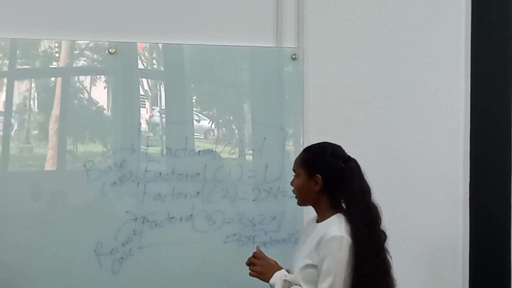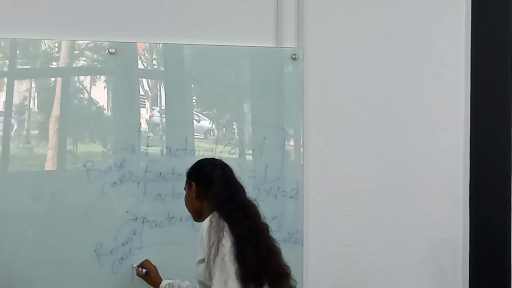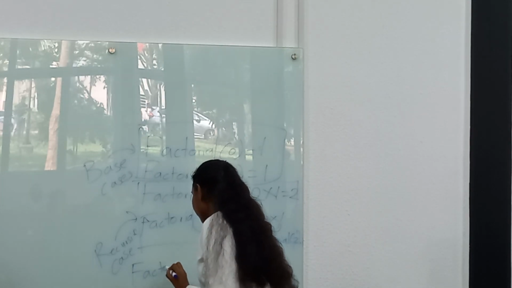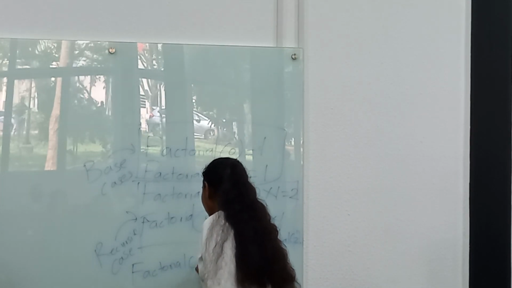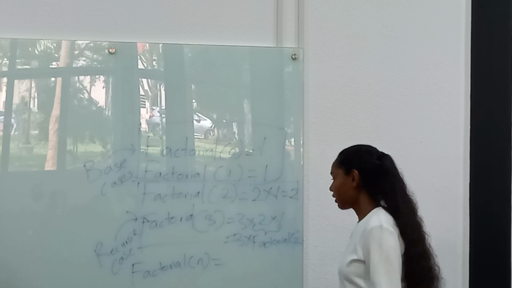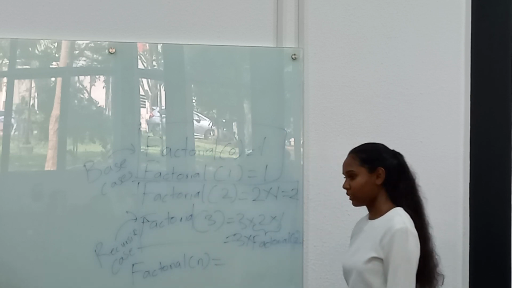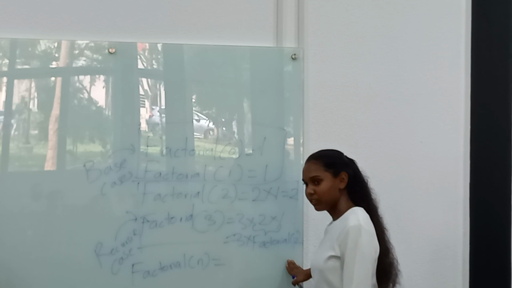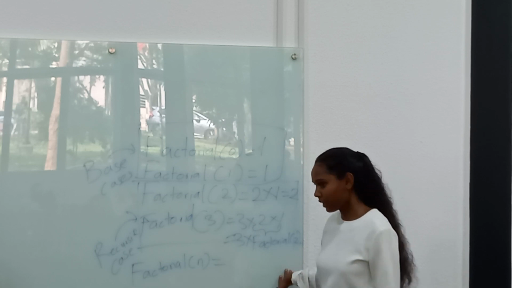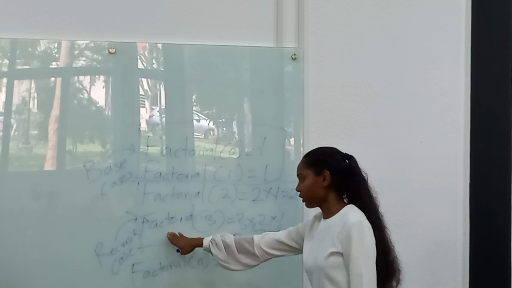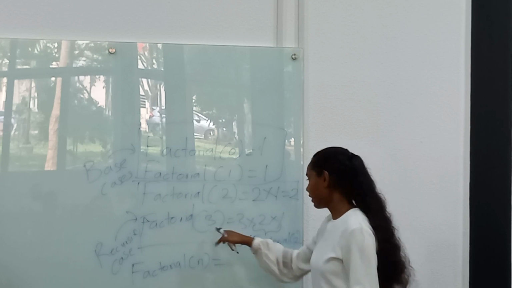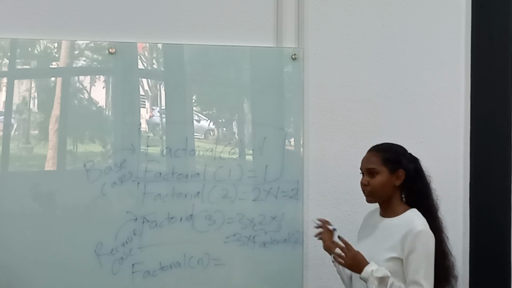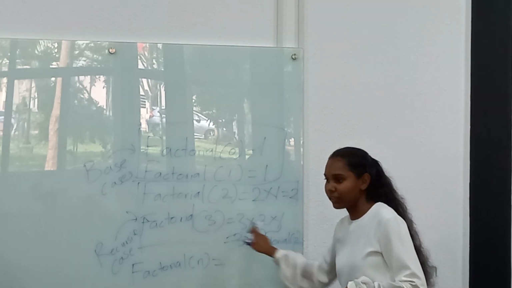So if you are asked to find the factorial of n, how can you find the factorial of n according to this method? Here when you are asked to find the factorial of 3, you say it is 3 into factorial of 2, which is 3 minus 1.